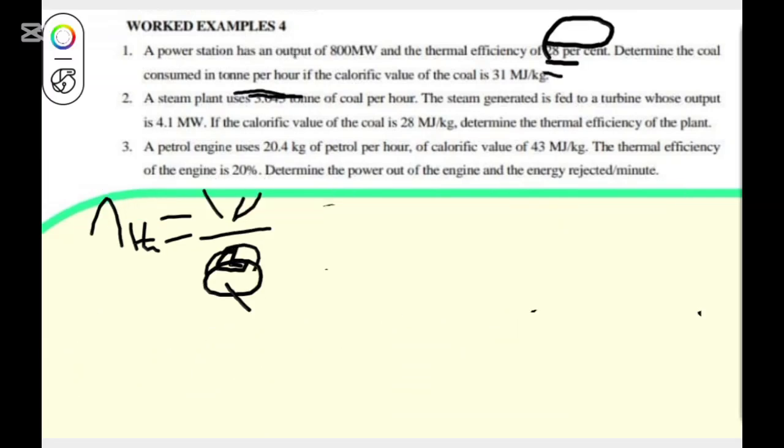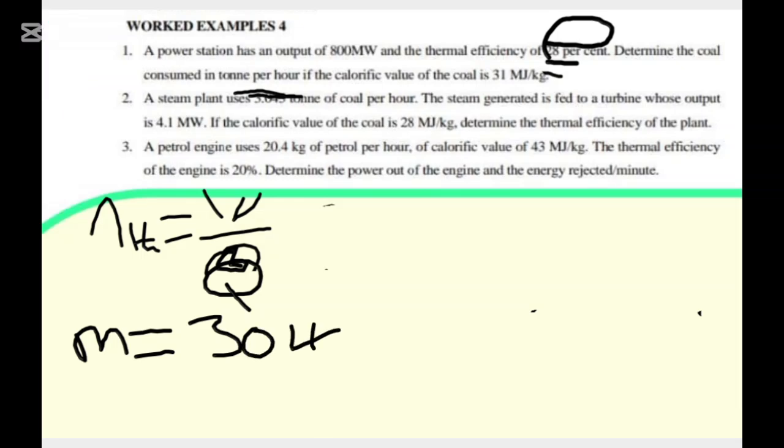The next thing I'm going to do is first convert the coal rate to kg per second. The coal rate should now be equal to 3045 divided by 3600.